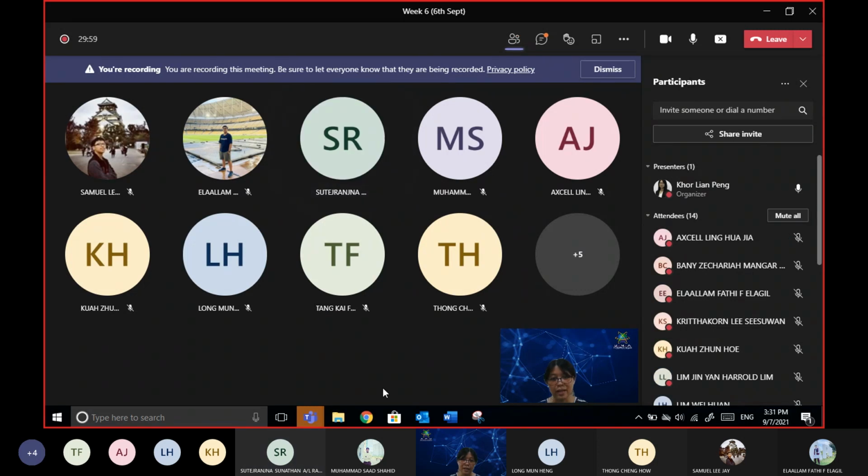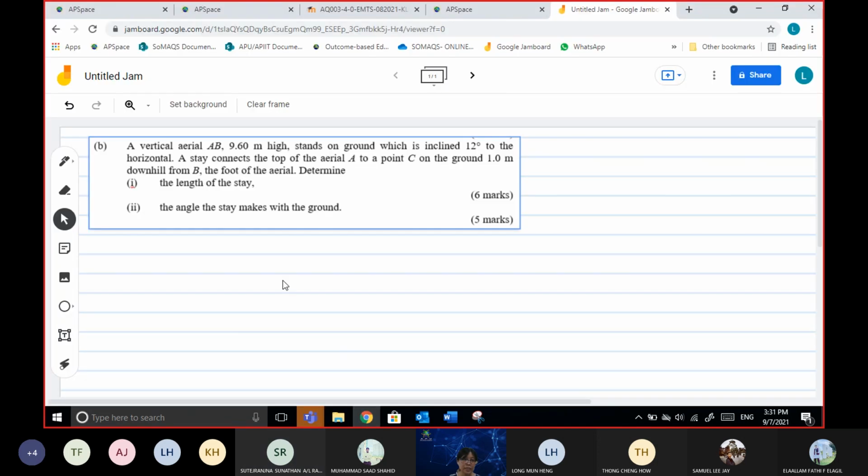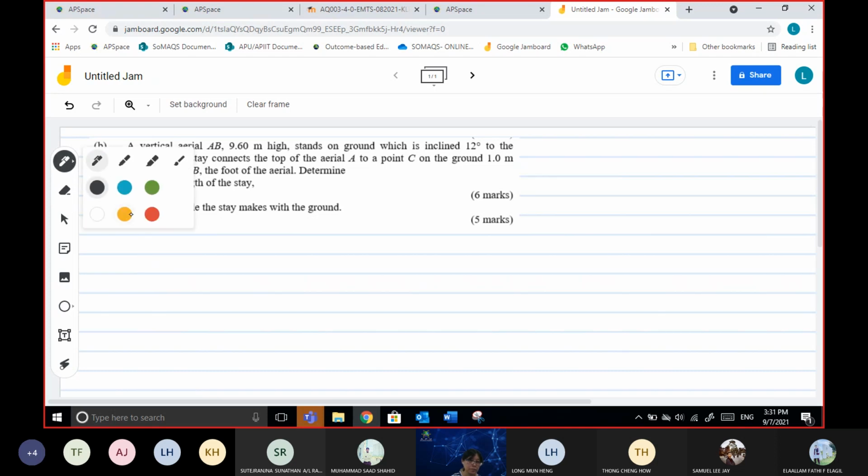Okay, now we continue with question 3B. A vertical pole AB, 9.6 meters high, stands on ground which is inclined 12 degrees to the horizontal.